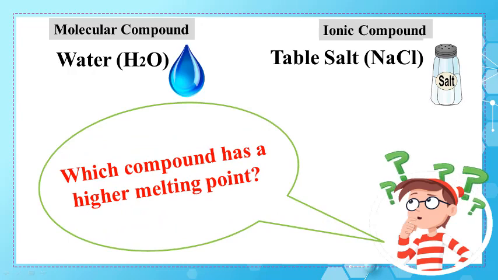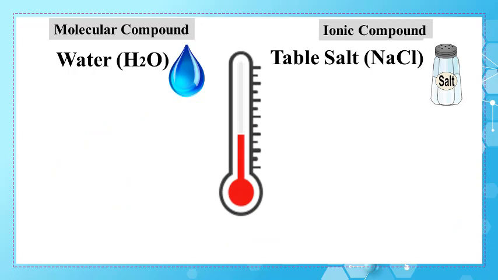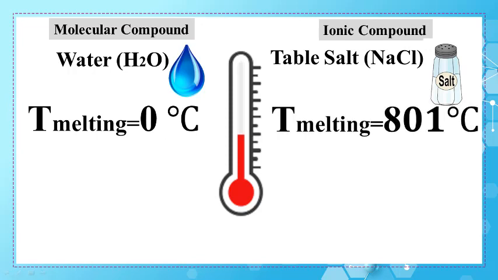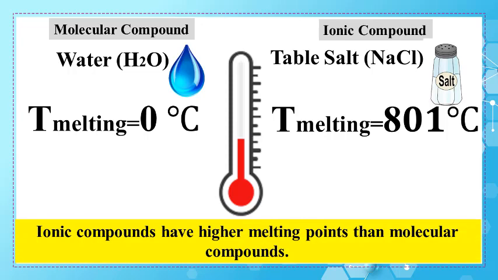Now, which compound has a higher melting point? Also, given that the melting point of water is 0 degrees Celsius, while that of table salt is 801 degrees Celsius. So, the ionic compounds have higher melting points than molecular compounds.